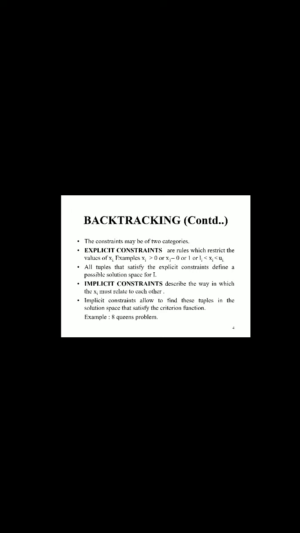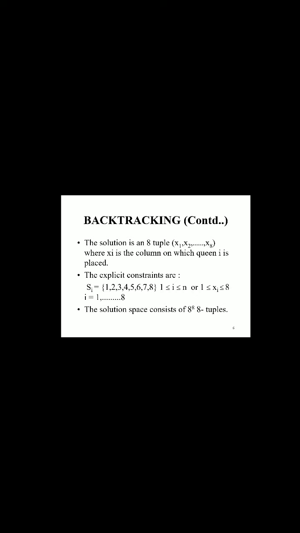So xk should not be equal to any value from x1 to xn excluding xk. So these are the implicit and explicit constraints.